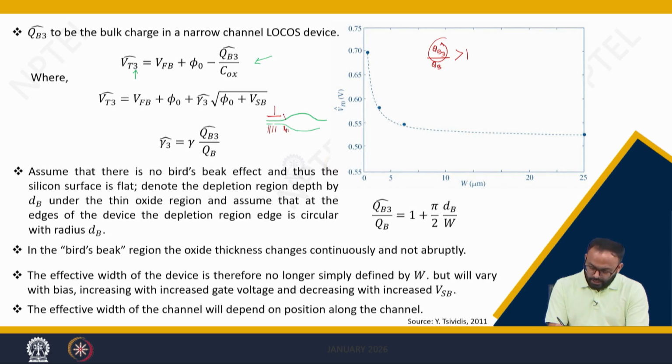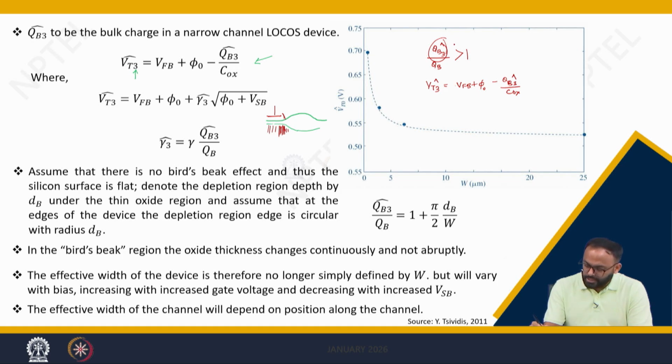Now you see the area or the charge controlled by the gate is increased, and hence QB3 cap by QB will be greater than 1, which we can incorporate here in our threshold voltage equation, which simply says V flat band plus phi naught minus QB3 cap per Cox, correct.